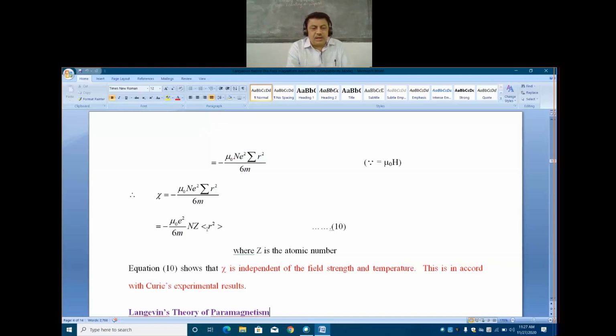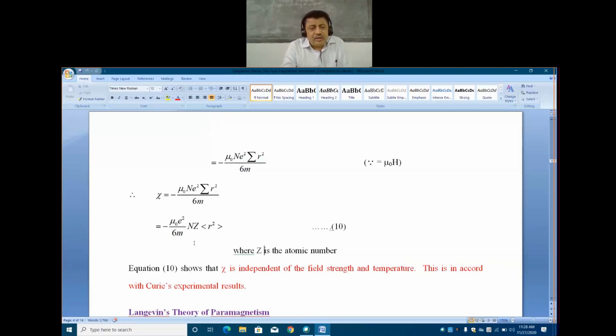If you look at this equation, chi, susceptibility, is negative. First thing is susceptibility is negative. This is the characteristic of diamagnetic materials. So diamagnetic materials have negative susceptibility. We have arrived at an expression which gives us that chi is negative.